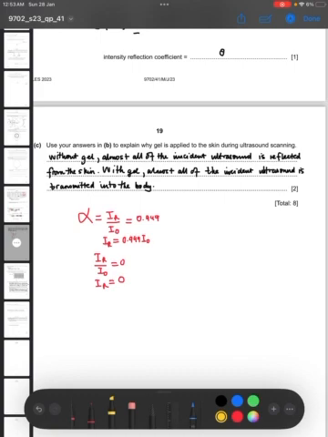Why? Because the gel has an acoustic impedance approximately equal to the acoustic impedance of the skin. As a result, alpha is 0. None of the incident waves are reflected. So there must be a gel if we want to ensure that none of the incident waves are reflected back.